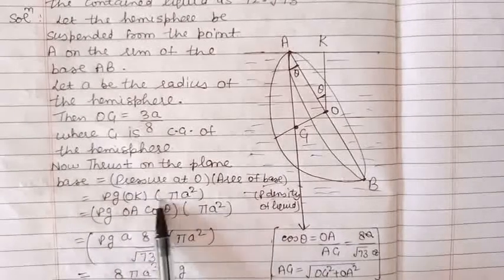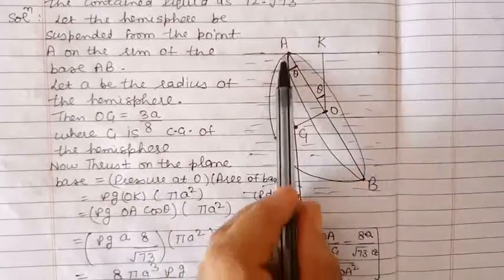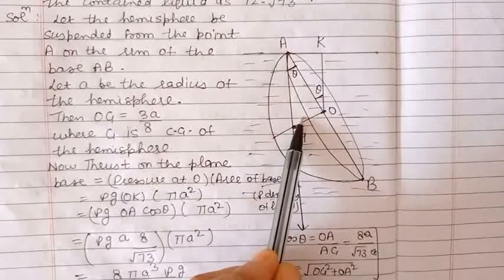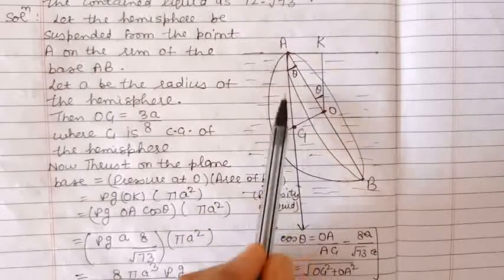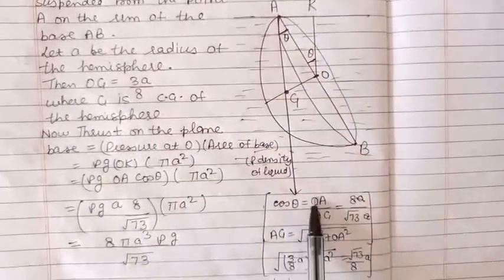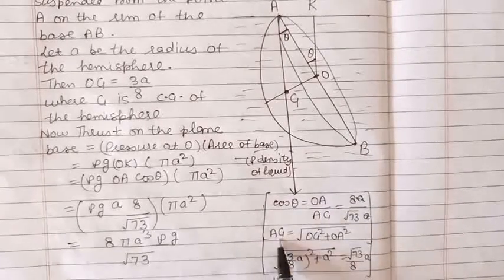Now to find the value of cos theta, we use the triangle OAG. Cos theta is base upon hypotenuse. In this triangle, base is OA, hypotenuse is AG. So cos theta will become OA upon AG. Now let us find AG.